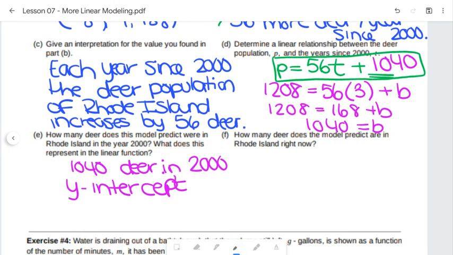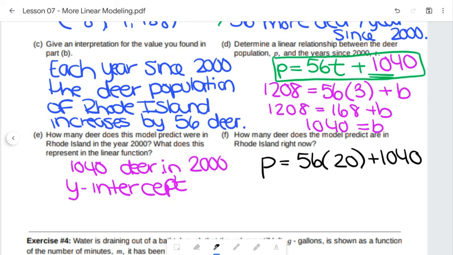How many deer does the model predict in Rhode Island right now? So we're just plugging into our formula, right? P is equal to 56t plus 1,040, but notice I left that blank. So this is the year 2020. Since 2000, it's been 20 years.